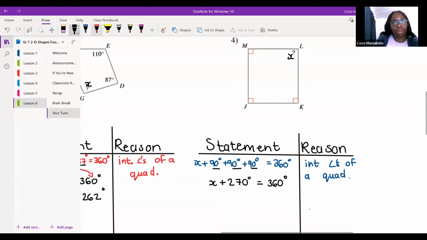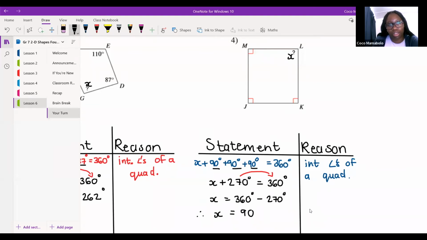And then my 270 degrees is going to go over there, over my equal sign, and we're going to minus it. So I've got x is equal to 360 degrees minus 270 degrees. Therefore, x is equal to how much? 90 degrees. Excellent. We got it.